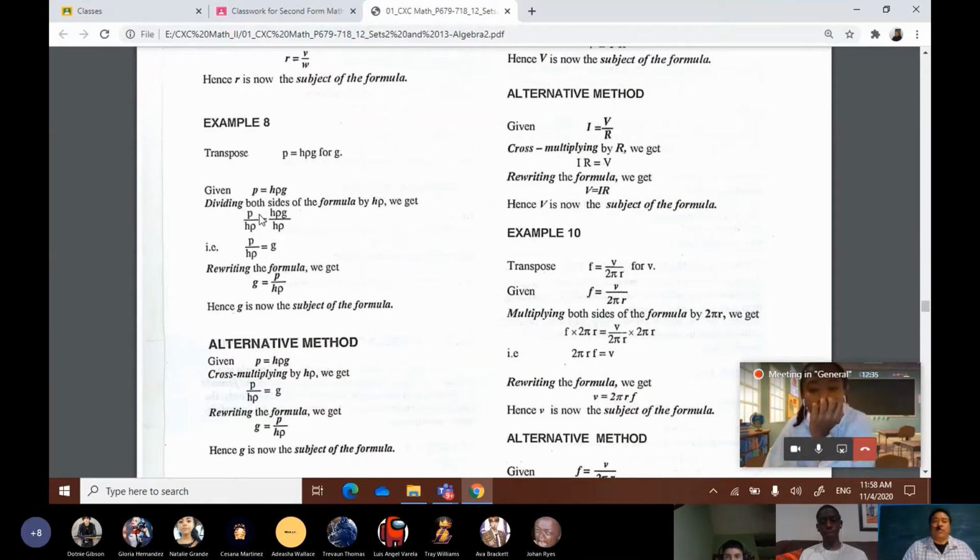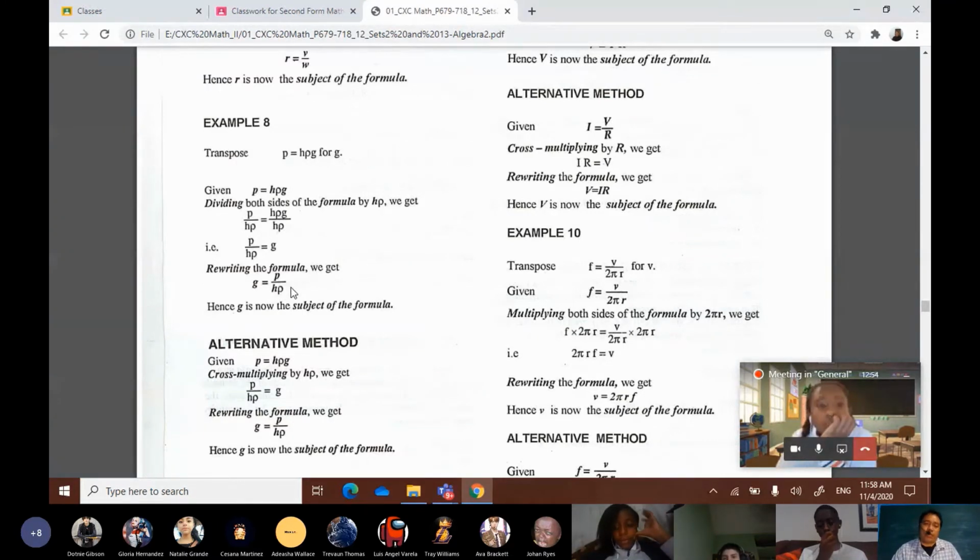So we get P over H rho equals H rho G over H rho, which gives me P over H rho equal G because the H and the rho cancel here. So rewriting the formula, we get G equal P over H rho. Hence, G is now the subject of the formula.